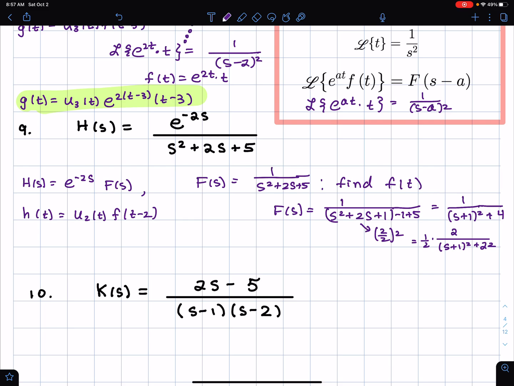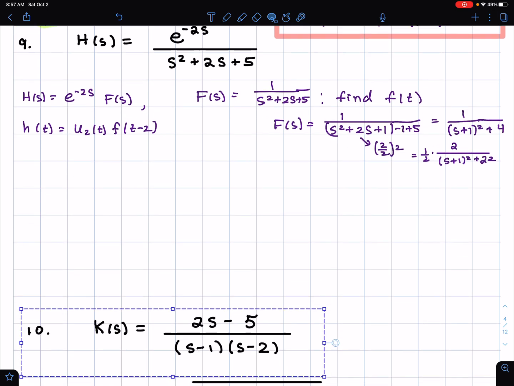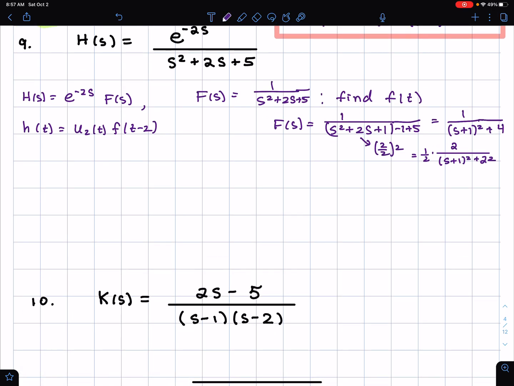Because we have yet another formula that we're going to use. The Laplace transform of sine bt is equal to b over s squared plus b squared.